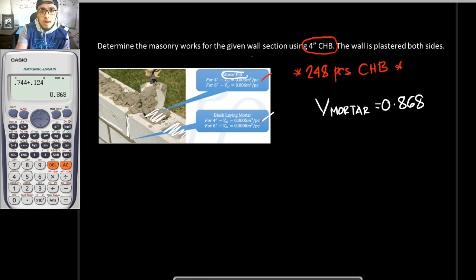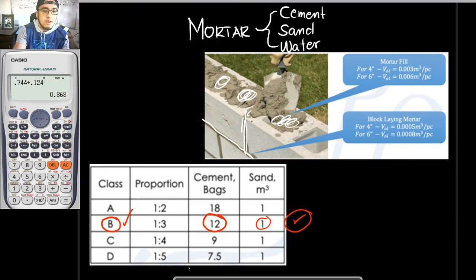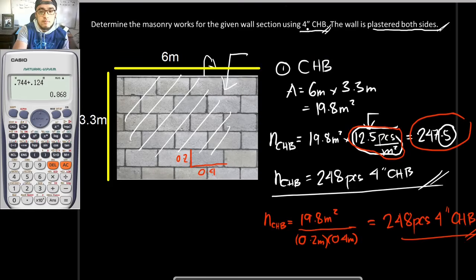So since we already have that, for the number of bags, let's say that this would be n bags. The number of bags is equal to the volume, which is 0.868 cubic meters, multiplied by the factor, and our factor is 12 bags per cubic meter.